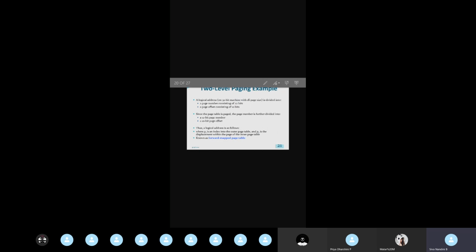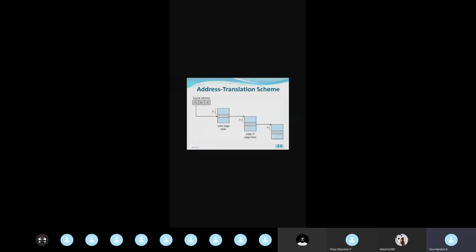So for that only we are using this two level paging. Next, see this two level paging will be denoted like this in the slide provided. The logical address space will be having p1, p2, d. This p1 denotes the page number in the outer page table, p2 denotes the page number in the inner page table, and d denotes the offset.